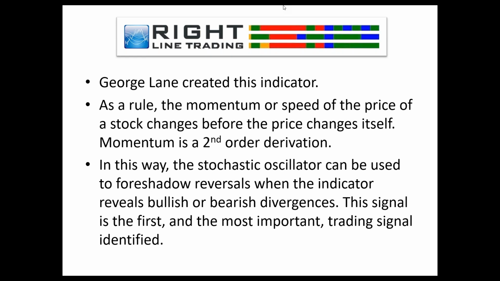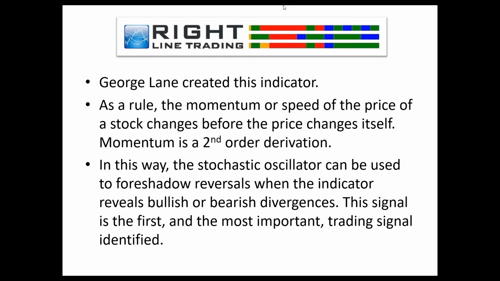And the best analogy that I can give you is if a race car is going around a track at, say, 100 miles an hour at a constant rate, momentum is flat. Now, it has momentum, but momentum itself is not changing, because the car is neither accelerating nor decelerating.